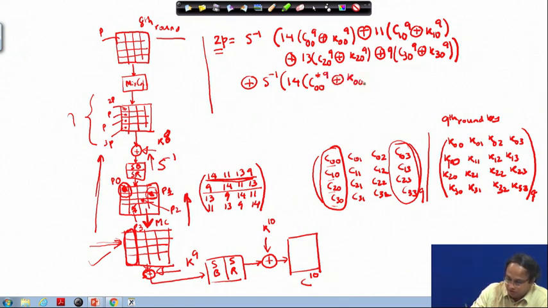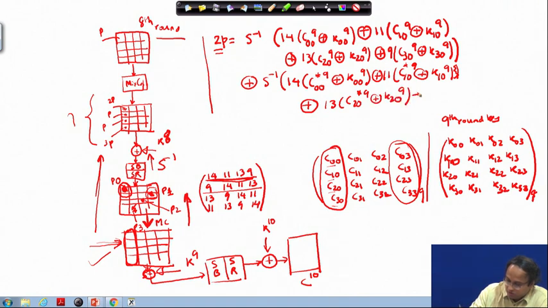So you get K009 XORed with 11 multiplied with C109, but again with a star, XORed with K109, XORed with 13 times C209 star, XORed with K209, XORed with 9 times C309 star, XORed with K309.